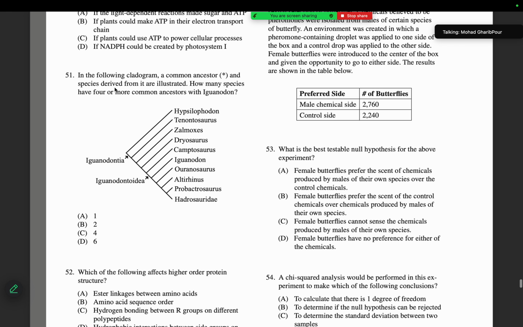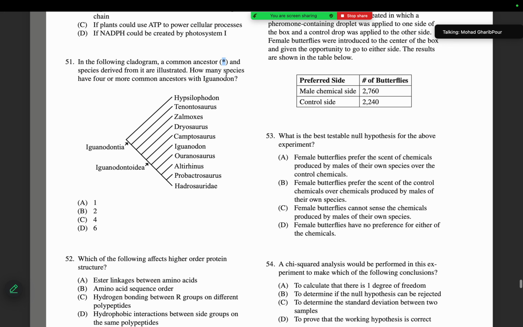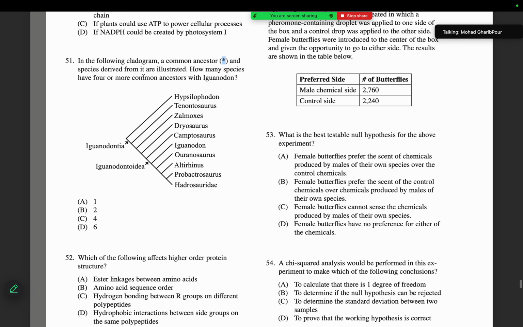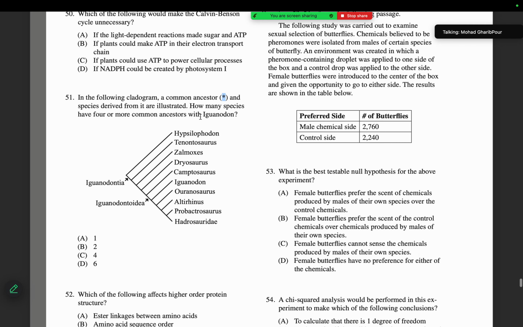51. In the following cladogram, a common ancestor, where is the common ancestor? Why does it have a star here? And species derived from it are illustrated. Okay.